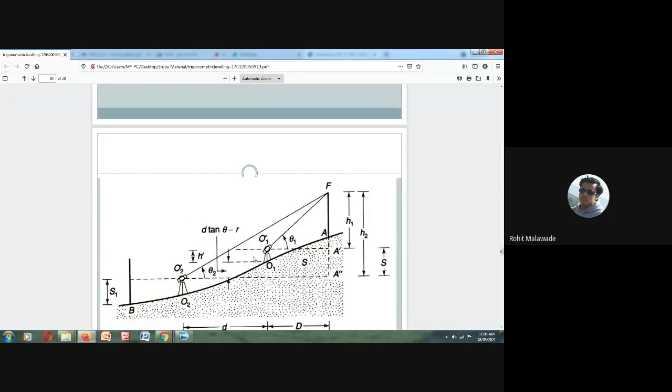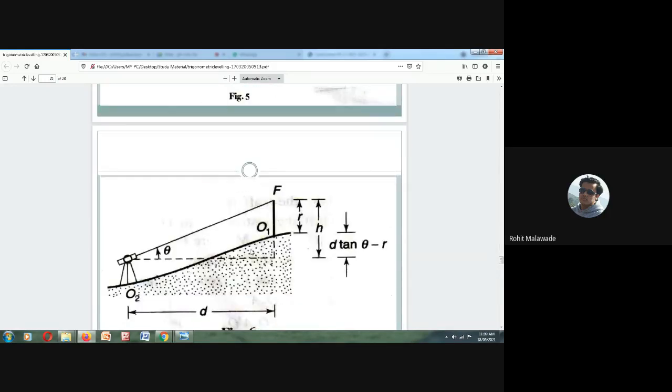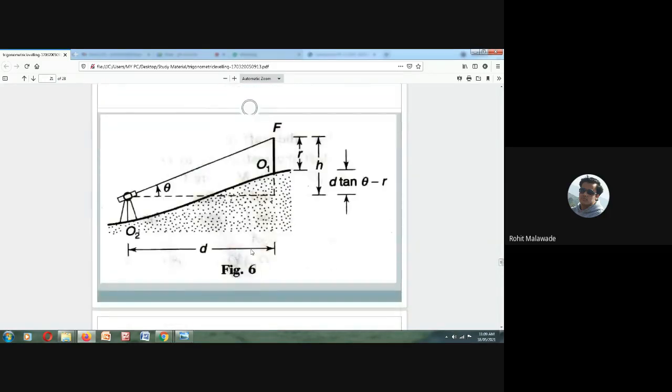See here, this instrument station is at one height, and this is at another height. So this staff reading we cannot take over here. At that condition, we will see what procedure has to be followed.